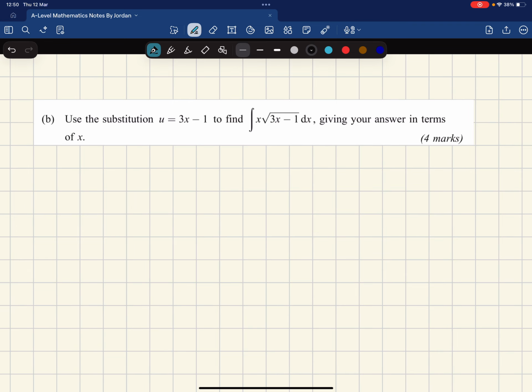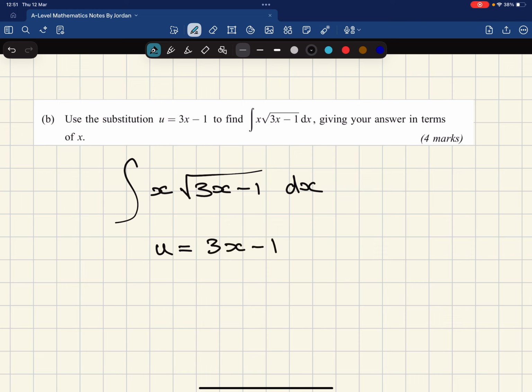Right, so let's try write that down. We've got x, 3x minus 1 with a square root on top, dx. Let's write the substitution again. So u being 3x minus 1. And let's start by differentiating.